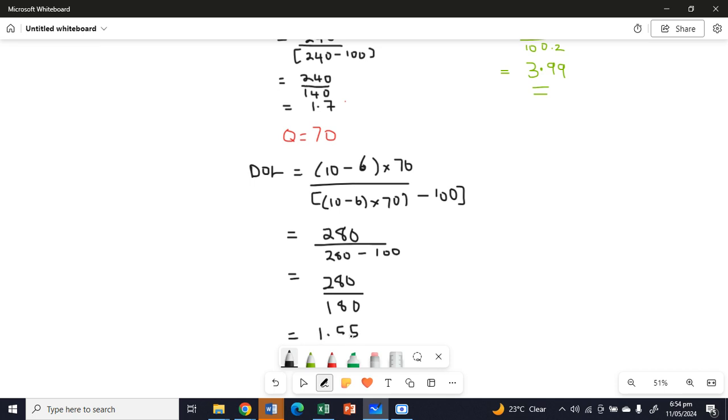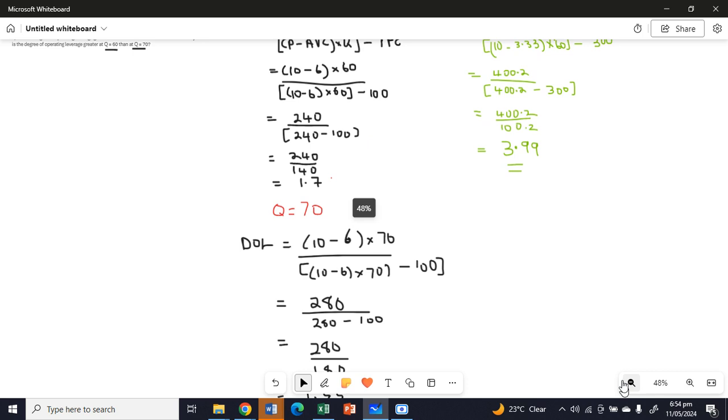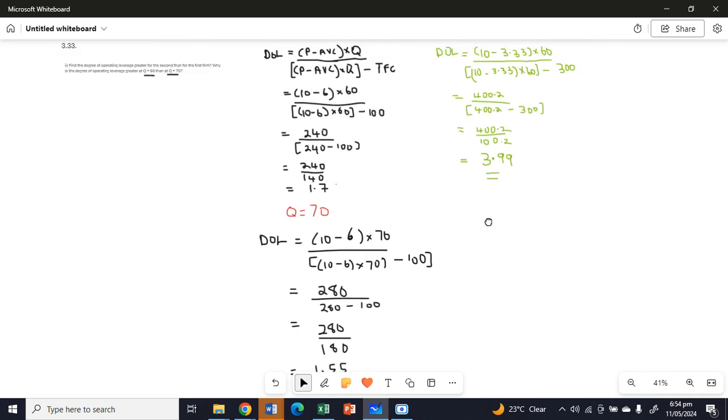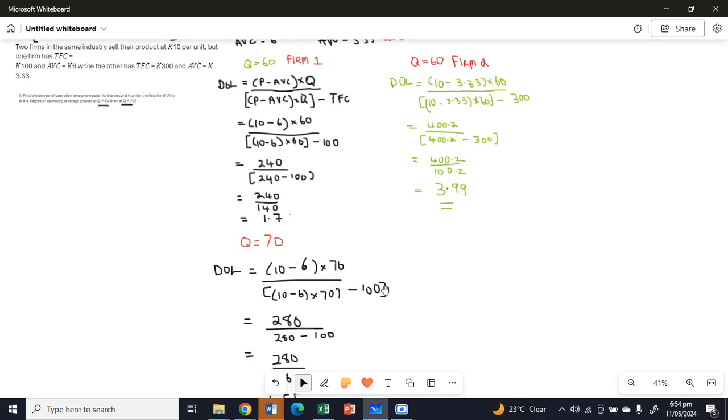So if we look at frame 1 at Q60, when Q was 60, we had a degree of operating leverage of 1.7. Then Q becomes 70, we have a DOL of 1.55. So what's happening here is the variable costs.